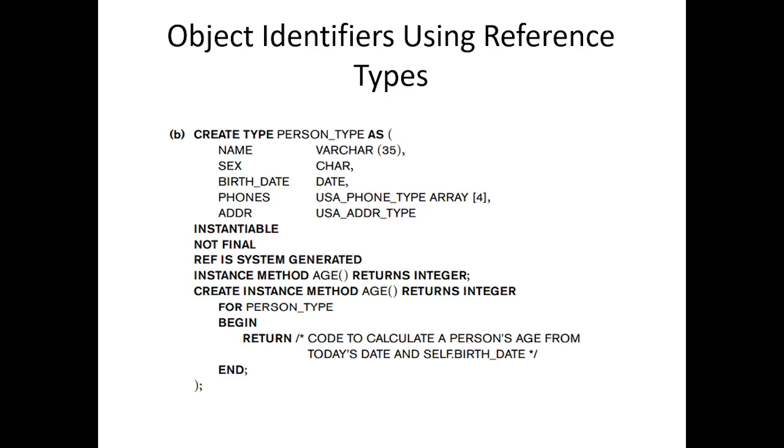Suppose that we do not have any operations within that UDT, then we can use the row type to directly create a structured attribute by using the keyword row.